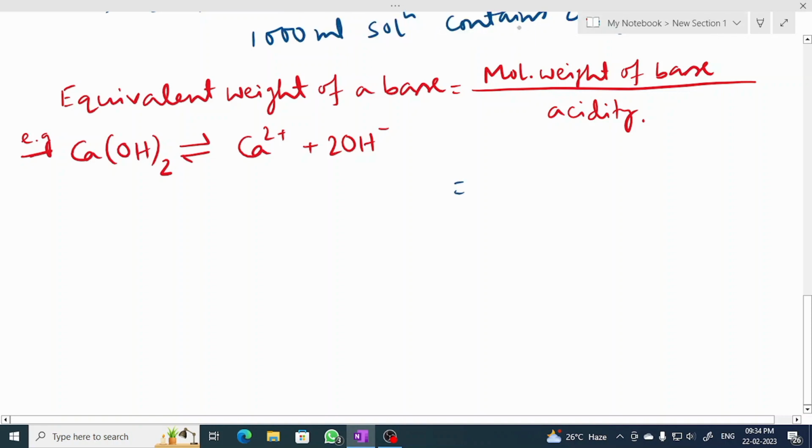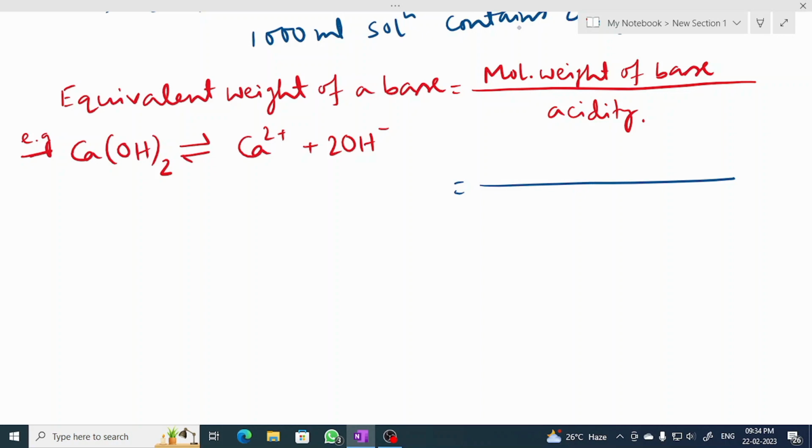So molecular weight of calcium hydroxide is, for calcium, atomic weight is 40, and 2 oxygens are there, so it is 32, and 2 hydrogens are there, and the acidity is 2, as 2 equivalents of OH minus are generated from that solution, so it is 37.